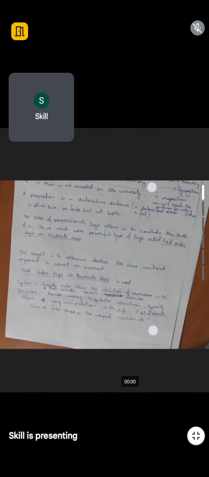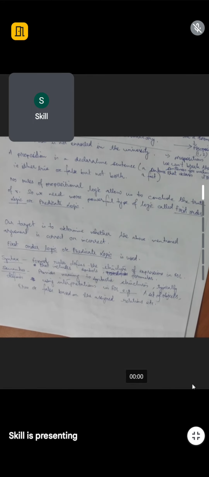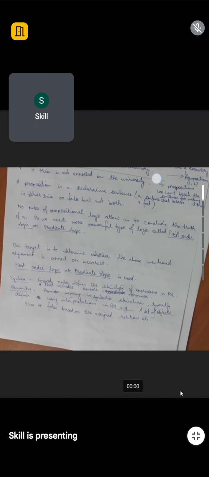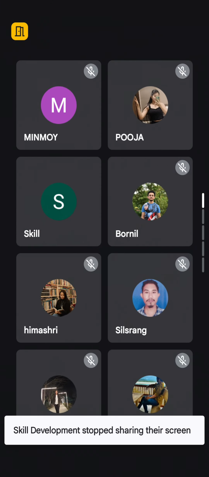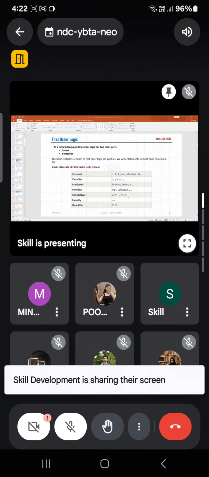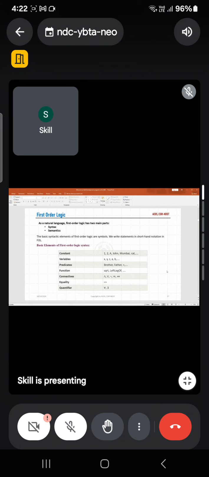So I will again move to our slide. As we have seen, that Mia is not enrolled in the university, that particular proposition or sentence is explained in a kind of different way.